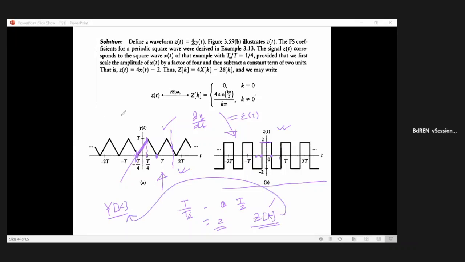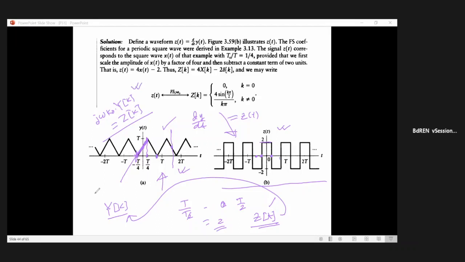Then we know that by the differentiation property, if we have a differentiated version of our signal, in the Fourier domain it will be equal to j omega 0 k into Yk. So j omega 0 k into Yk is equal to Zk, isn't it? Yes, sir. So which one is known to us? Zk is known to us. Then we can easily calculate Yk.